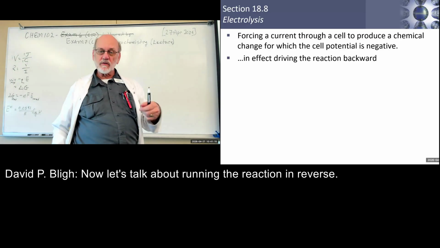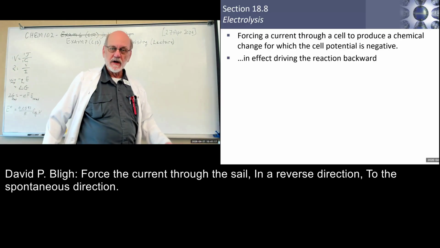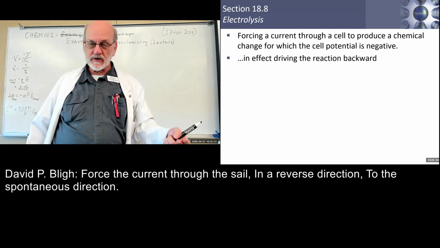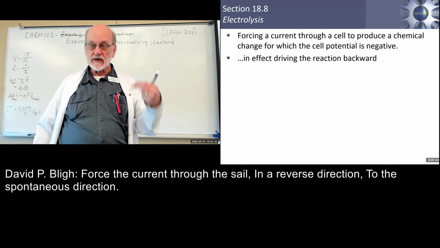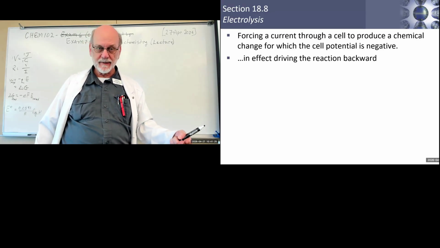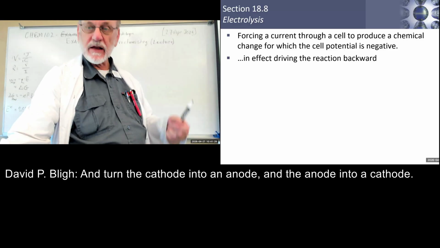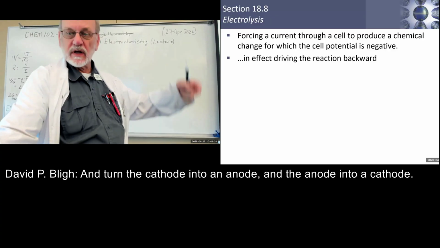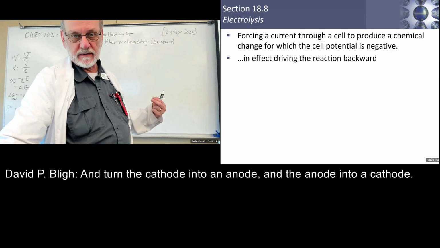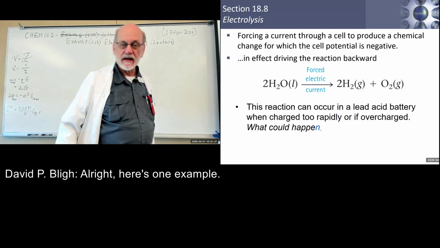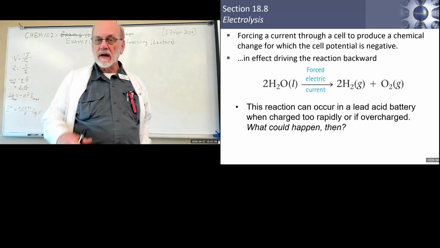Now let's talk about running the reaction in reverse. Force the current through the cell in a reverse direction to the spontaneous direction, and you'll drive the reaction backwards and turn the cathode into an anode and the anode into a cathode. All right. Here's one example.